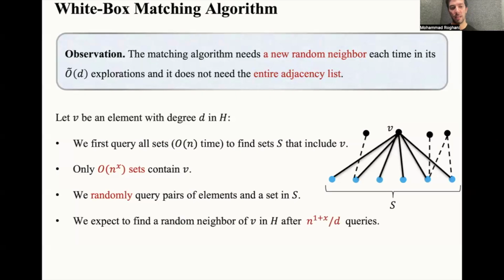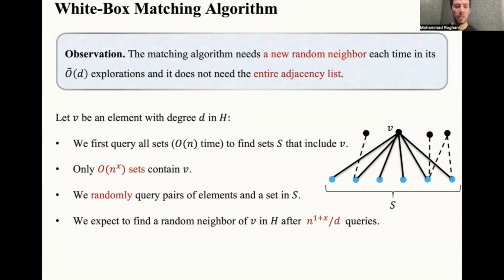We know that because the degree of V in H is D, we expect to find a random neighbor of V after spending n to 1 plus x over D queries. N to 1 plus x is all possible pairs, and we know that D of them are edges.